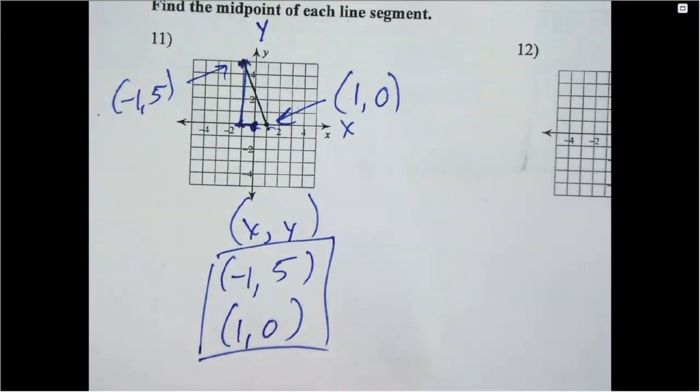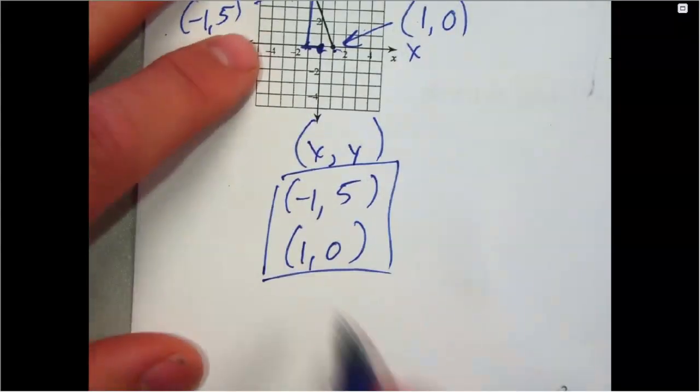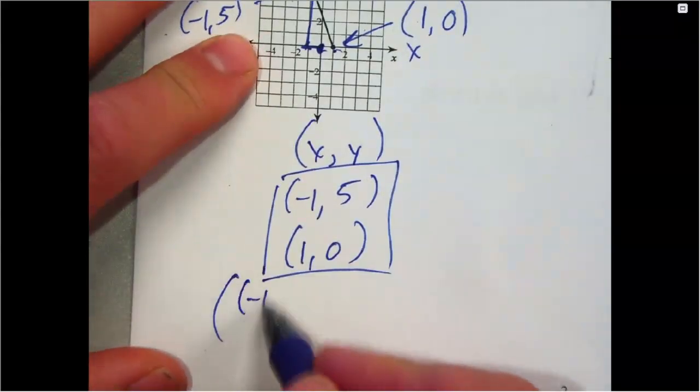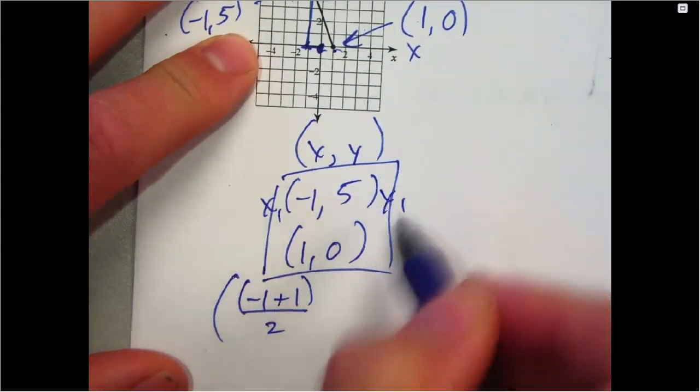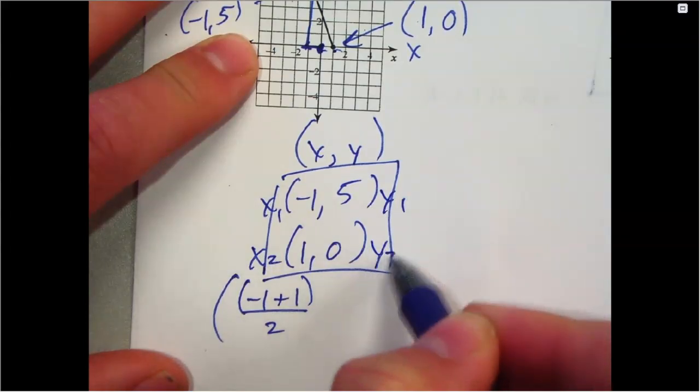And then you're going to find the midpoint, and you're going to put that point back on there also. So I'm going to use my same formula. So I'm going to go -1 plus 1 divided by 2. This is like x1, y1, x2, y2.